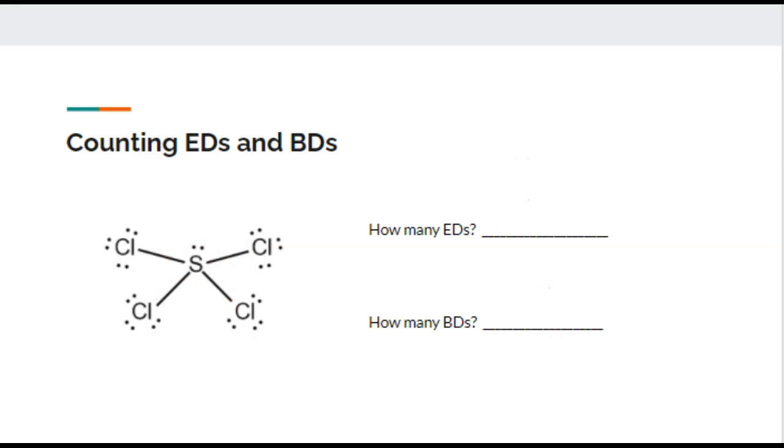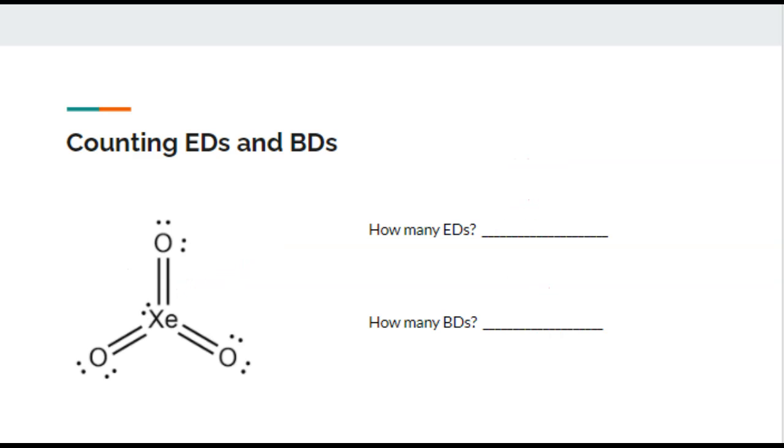And then the last structure we have is this one. I put this one on here because this is a structure that looks so funny. But regardless of whether you know if the structure is right or if it looks funny, you still should be able to determine how many electron and bonding domains there are. So let's count these out very carefully.